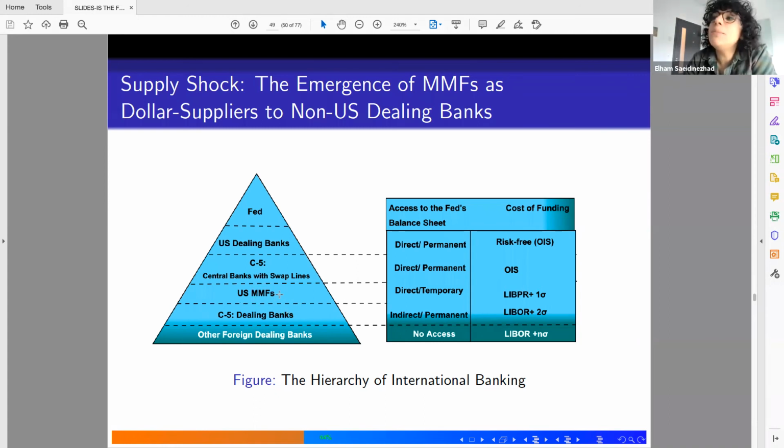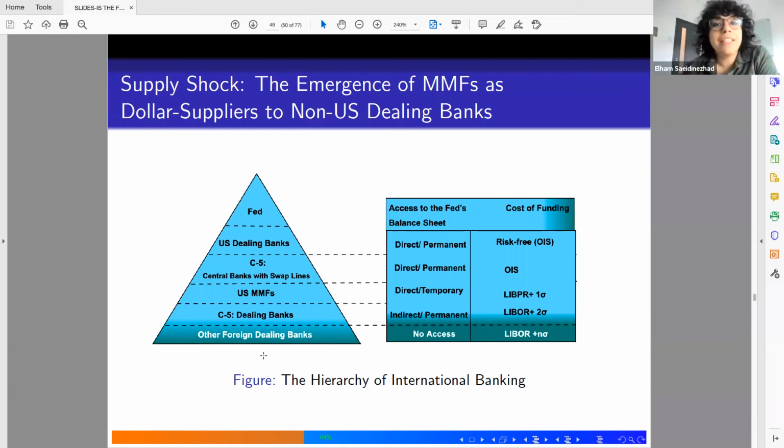However, the money market funds by nature are not stable liquidity providers. And the main reason is that they don't have direct access to the Federal Reserve balance sheet. After the COVID-19 crisis, the Fed established a credit line with these money market mutual funds exactly to stabilize this market, but that was only for a few months.